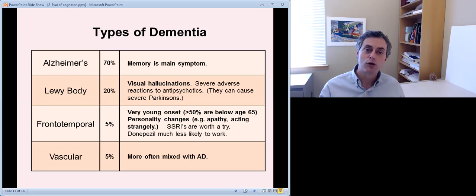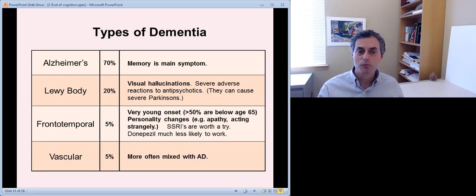Frontotemporal dementia is quite rare compared to the other two. This is the most common type of dementia in early age onset dementia. Vascular dementia is kind of a complicated story in that we have really come to realize that the micro stroke vascular dementia as a standalone cause of dementia is actually quite rare, that much more commonly people have a mixed type of dementia, which is most often a combination of Alzheimer's disease and vascular dementia.